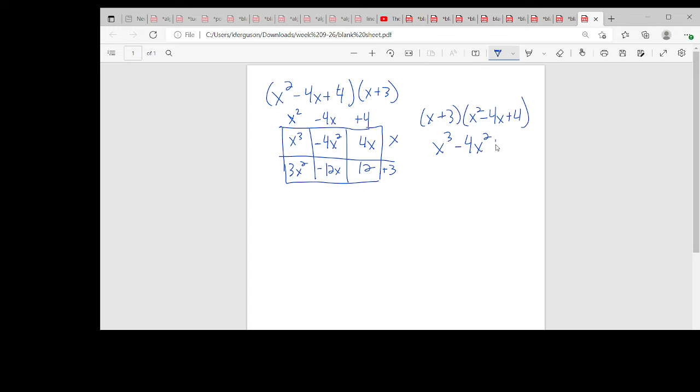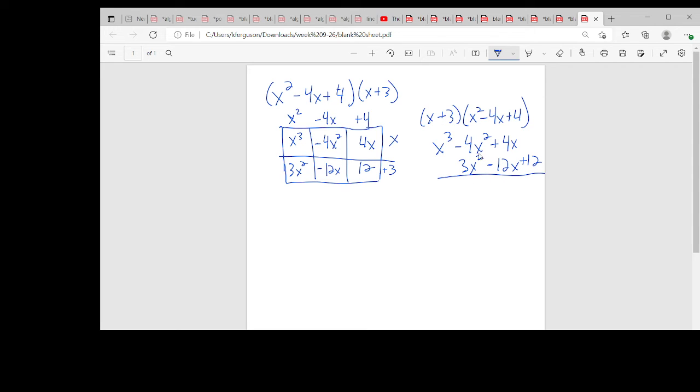And x times 4 is 4x. Then next, I multiply 3 times everything. 3 times x squared is 3x squared. 3 times a negative 4x, oh shoot, I forgot the x. And then 3 times a negative 4x is negative 12x. And then 3 times 4 is 12.